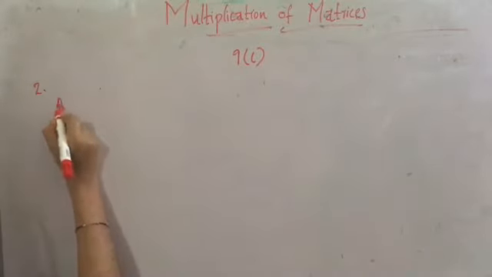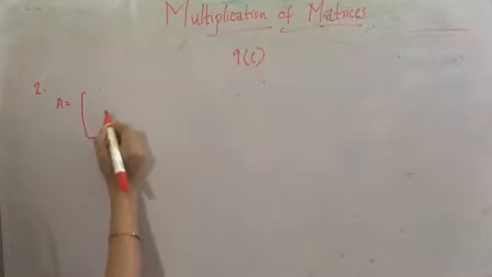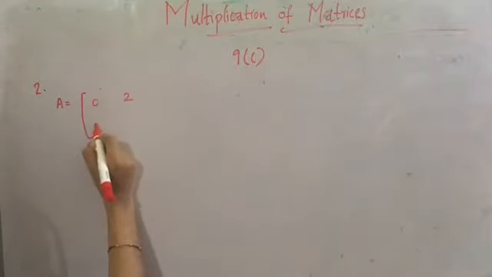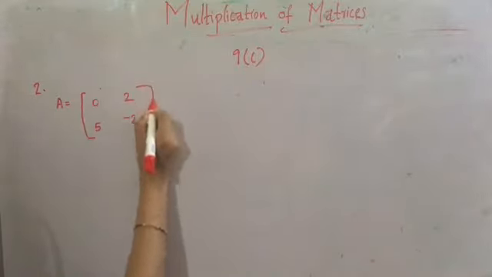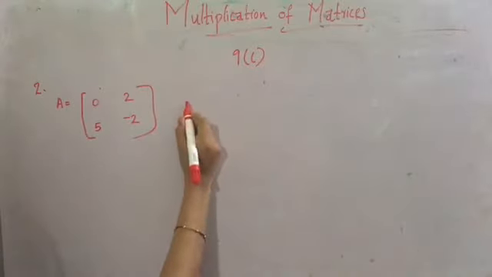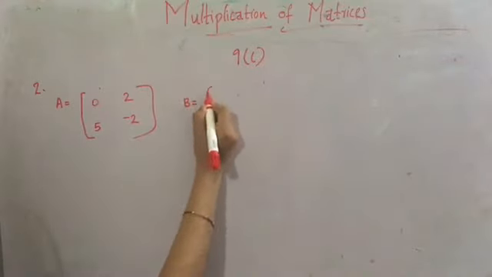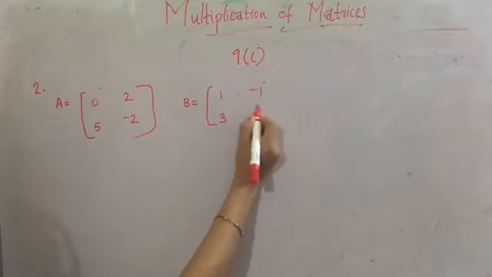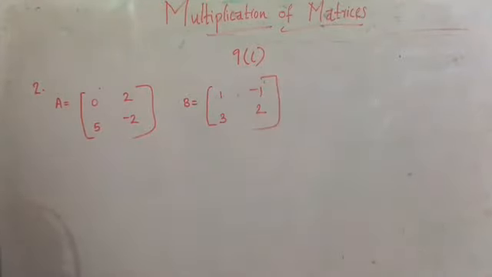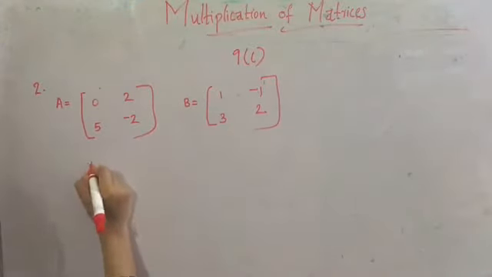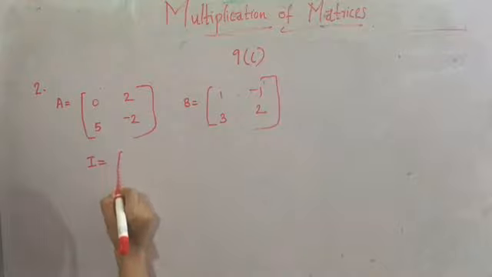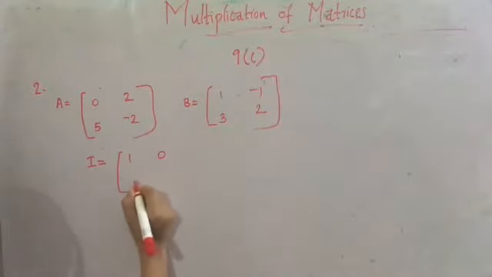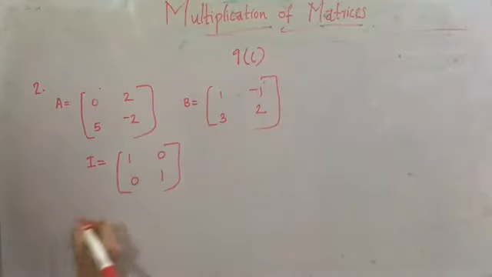Given A is equal to 0, 2, 5, minus 2 and B is equal to 1, minus 1, 3, 2, and I is a unit matrix of 2 cross 2. I is a unit matrix 2 cross 2, which means you know it is 1 0 0 1. So let us do the first sub-question from that.